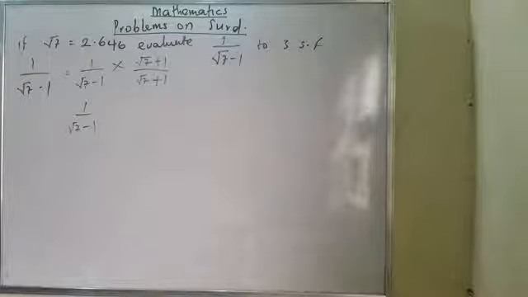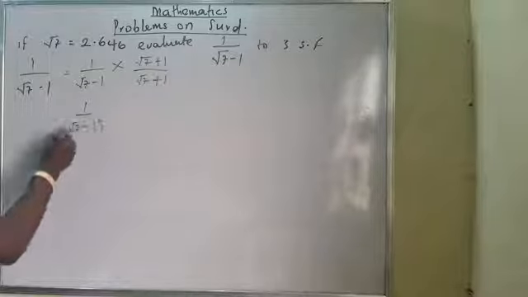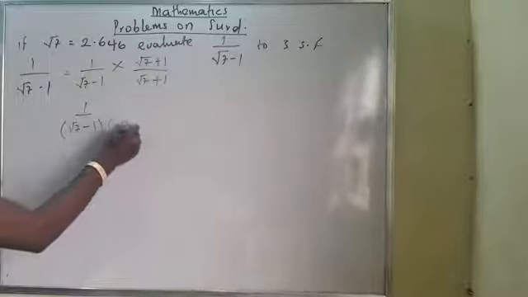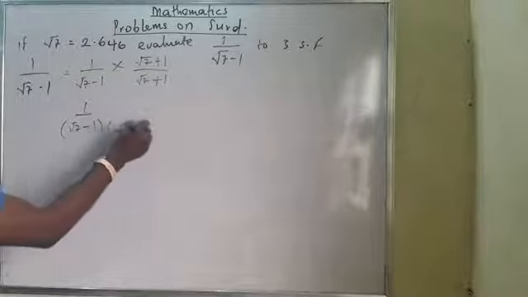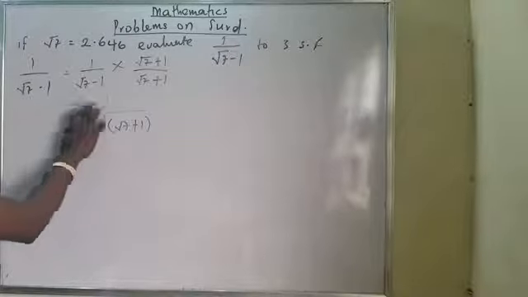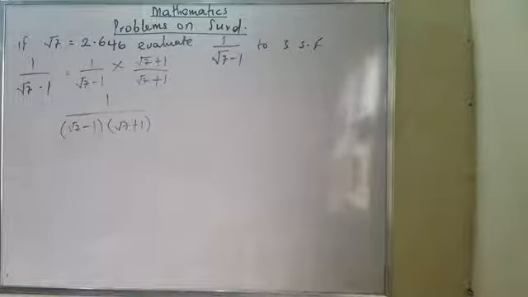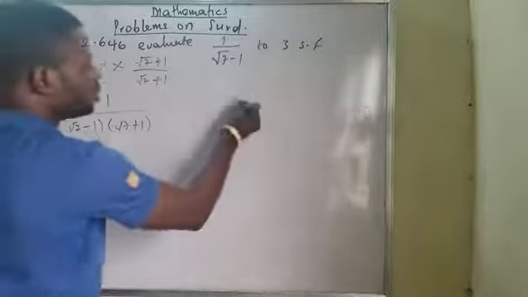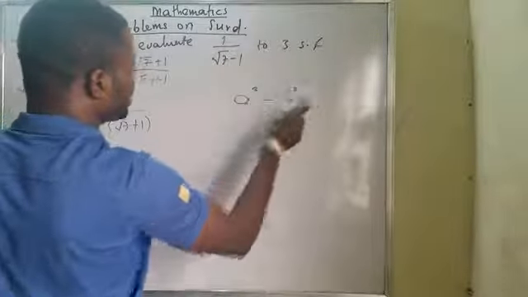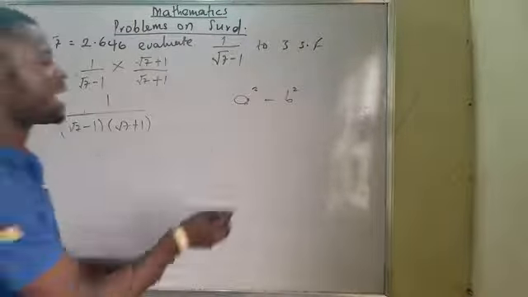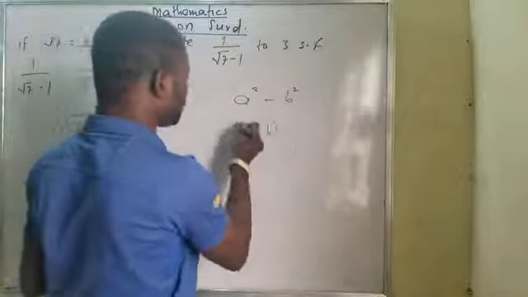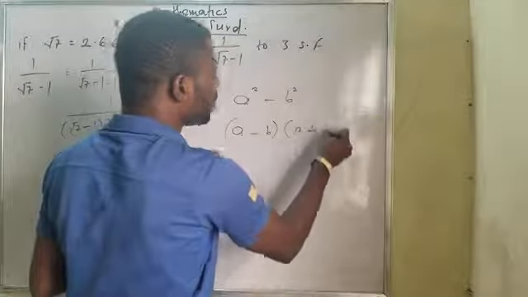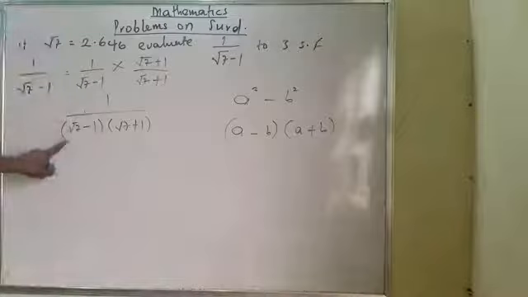Now, when I have something like this, it means root of 7 minus 1 and root of 7 plus 1. Now, I want to show you something. I've told you earlier, a squared minus b squared is different from a minus b, a plus b. Now, there's something happening here.